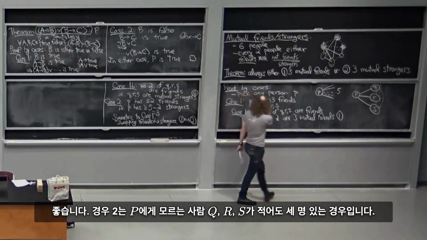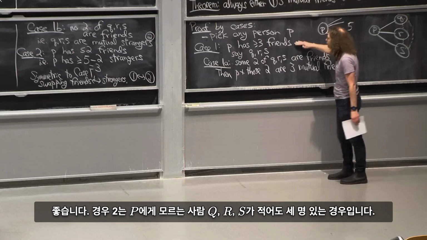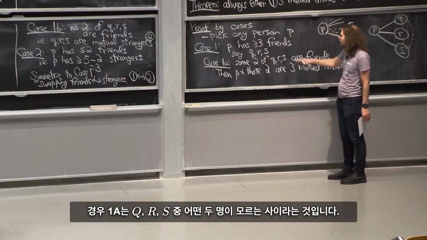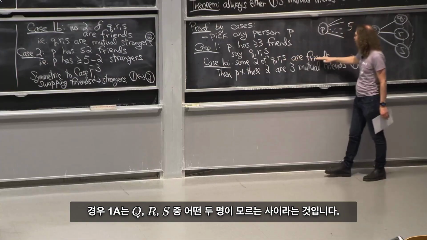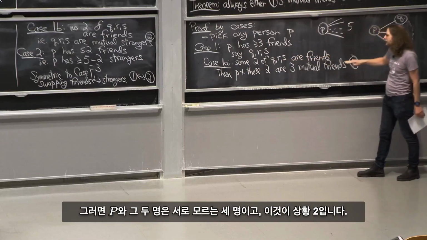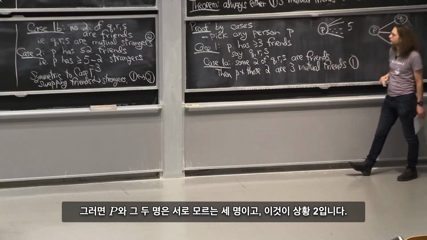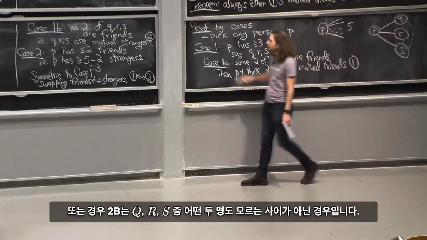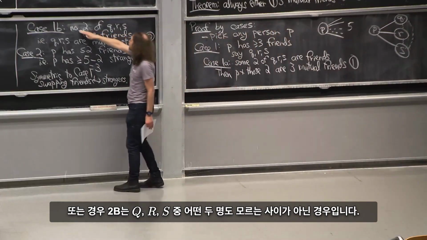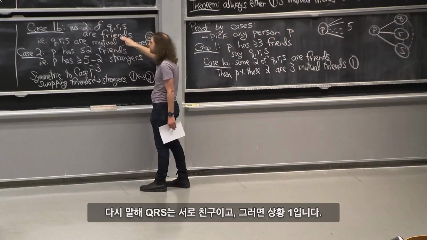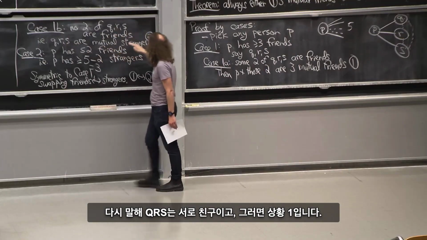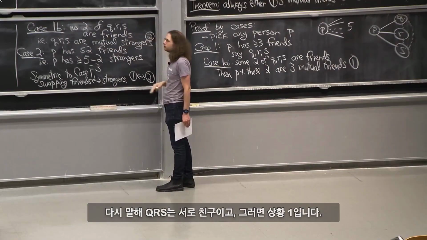Okay, so case 2 would be P has at least 3 strangers, Q, R, and S. Case 1a is that some two of Q, R, and S are strangers. Then we conclude that P plus those two are three mutual strangers, which is situation 2. Or case 2b would be no two of Q, R, S are strangers. In other words, Q, R, S are mutual friends, and then we're in situation 1.